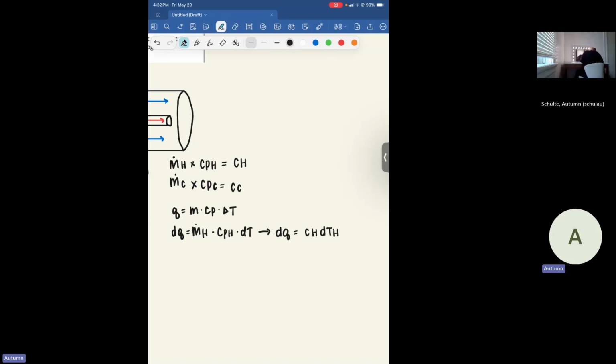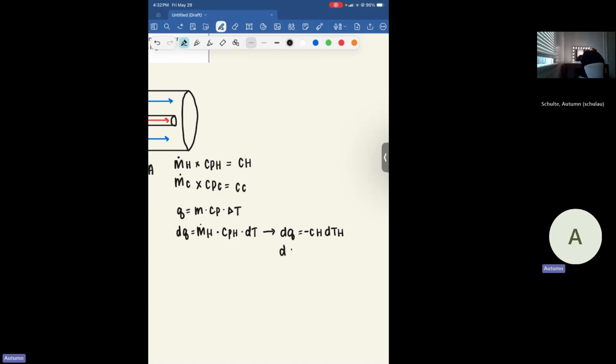And this is going to be negative because if that heat transfer is occurring from this hot to this cold stream, then the temperature of our hot stream is going to be decreasing. Whereas if we think about the cold stream here, it's going to be the same setup, except it is not negative because we are increasing that temperature.